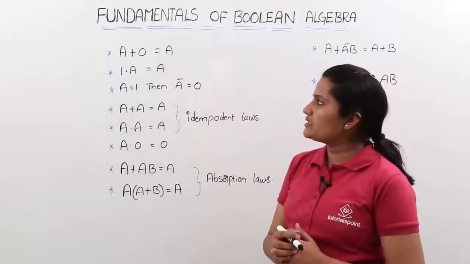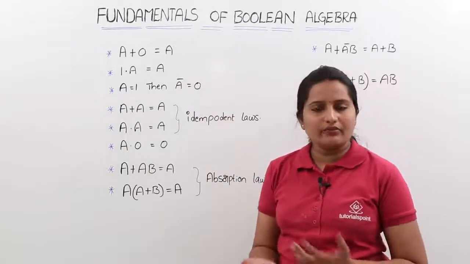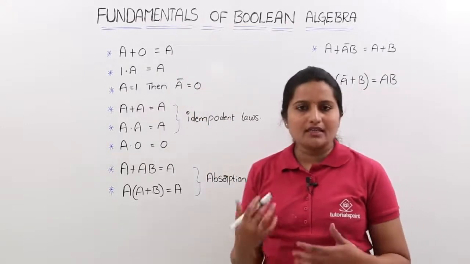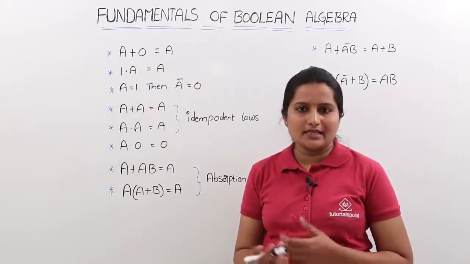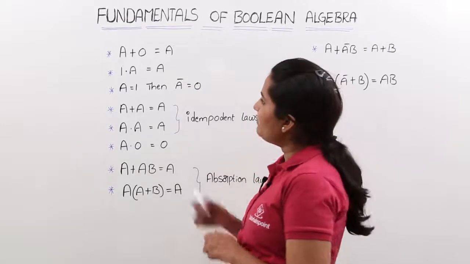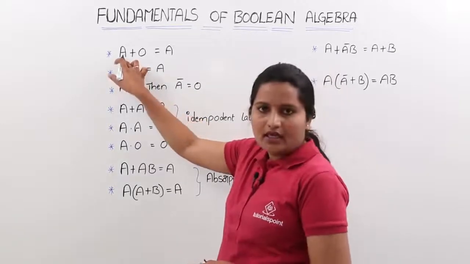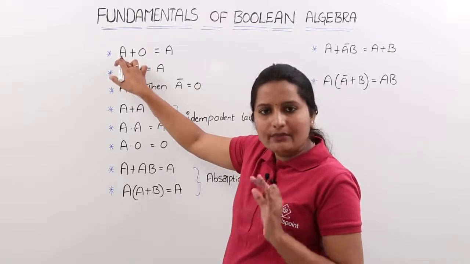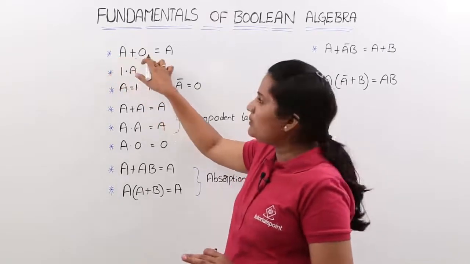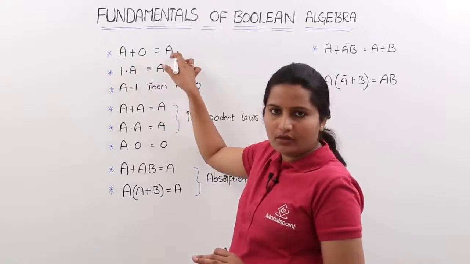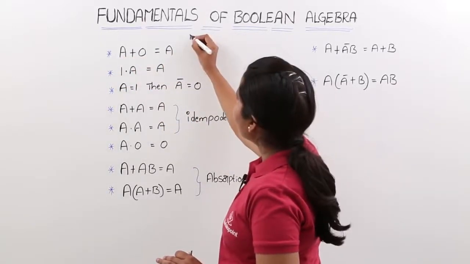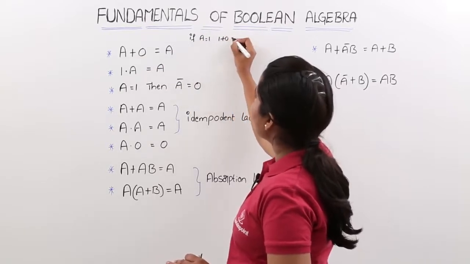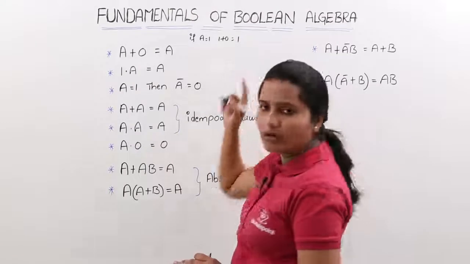First one is a plus 0, which is equal to a. Why are we taking a plus 0 as a? For example, if a is equal to 1, then 1 plus 0 is equal to 1 only. You are getting a only, whatever a is there.